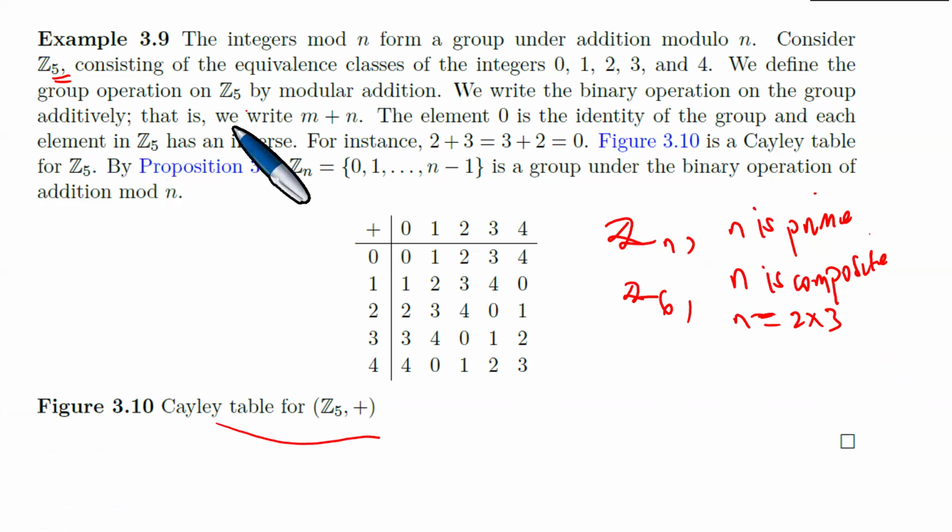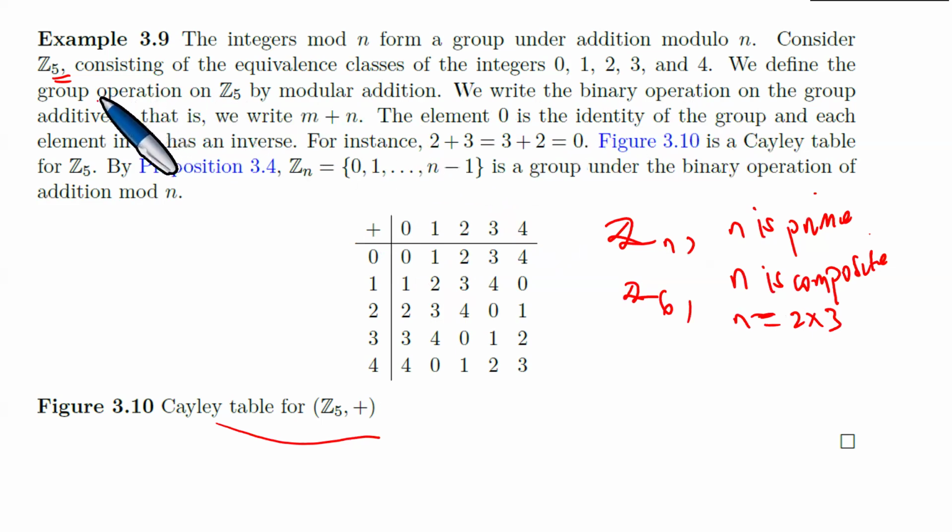In Example 3.9, the integers modulo n form a group under addition modulo n. Consider Z5 consisting of the equivalence classes. Look at how the author of the book presents this example. He says to consider Z5 consisting of the equivalence classes of the integers 0, 1, 2, 3, 4.